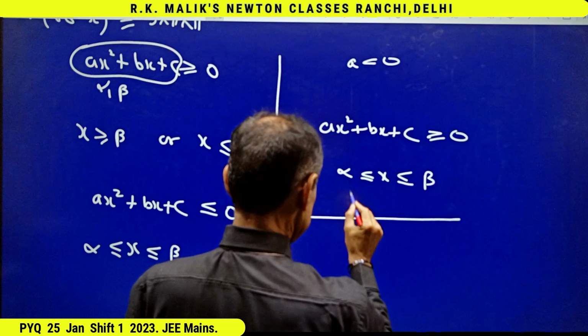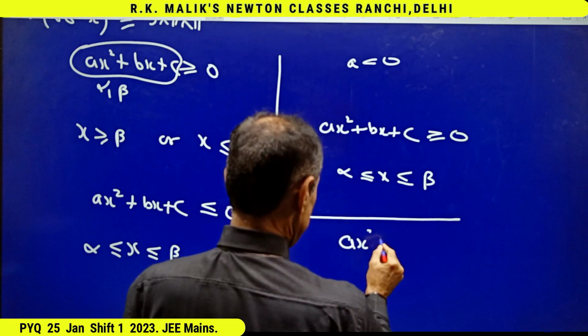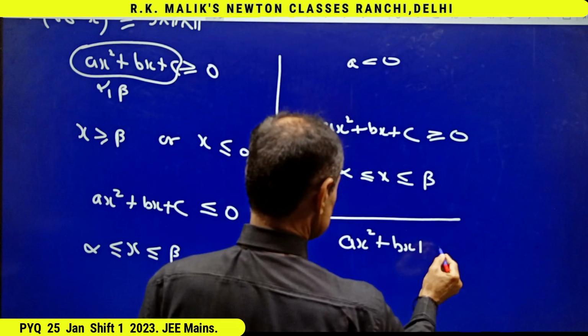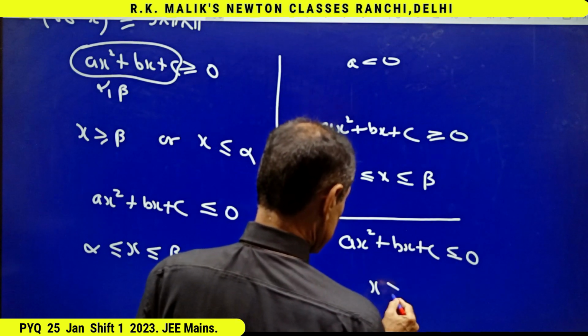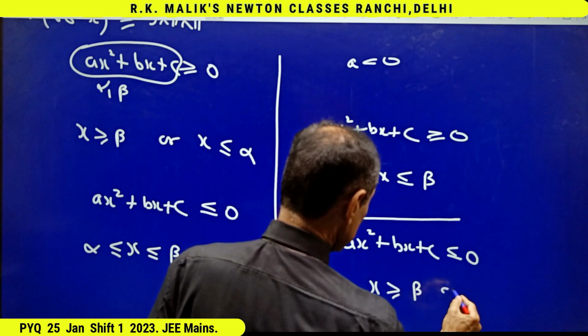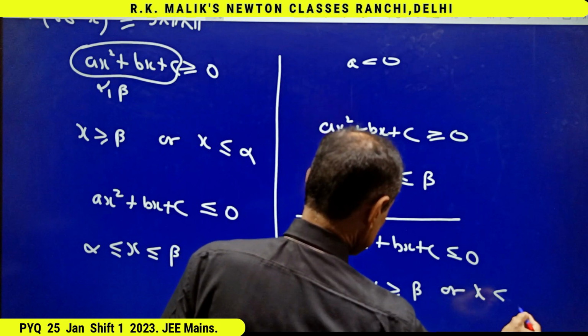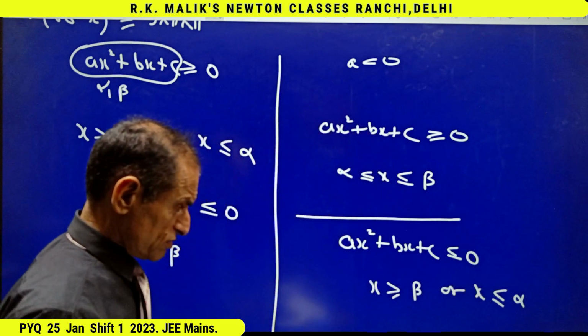And in this case, ax² + bx + c ≤ 0 means x is greater than the bigger root or x is less than the smaller root.